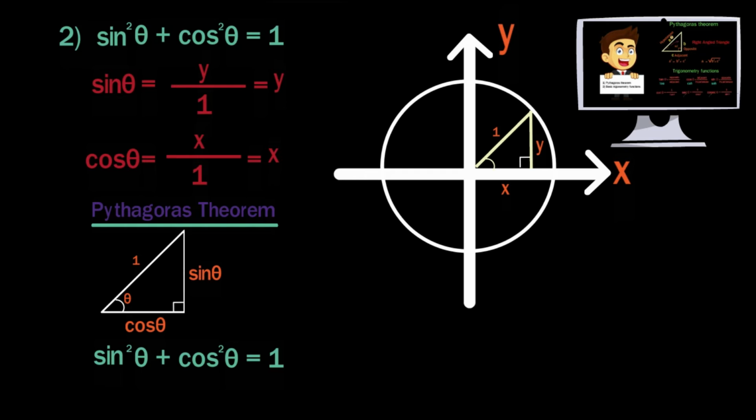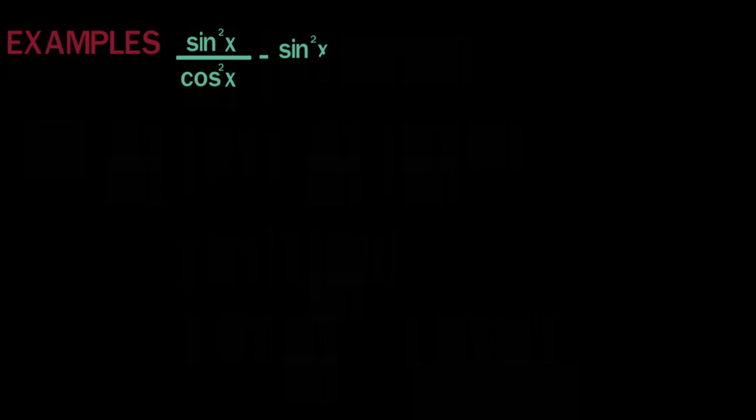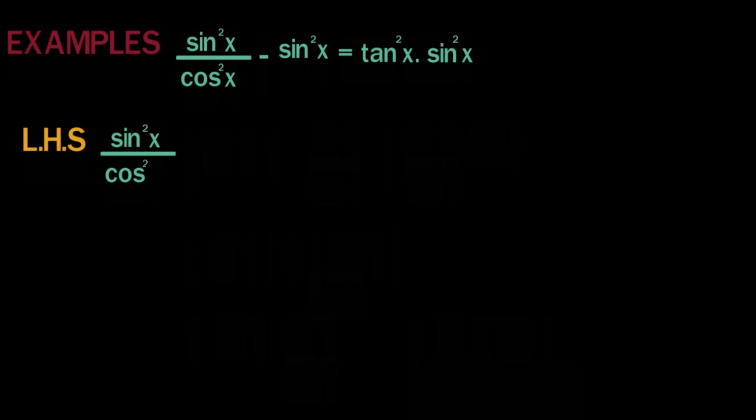So let's try some examples of how you can prove trigonometric questions. For example, now we have sine square x over cos square x minus sine square x. We want to prove that it is equal to the right hand side. We start off with the left hand side, which is sine square x over cos square x minus sine square x.